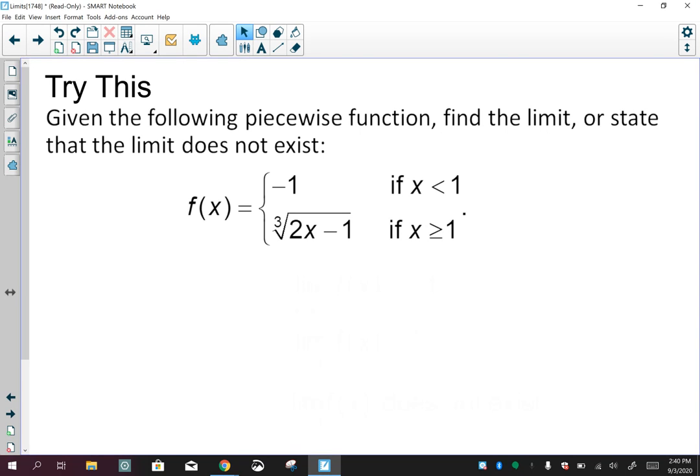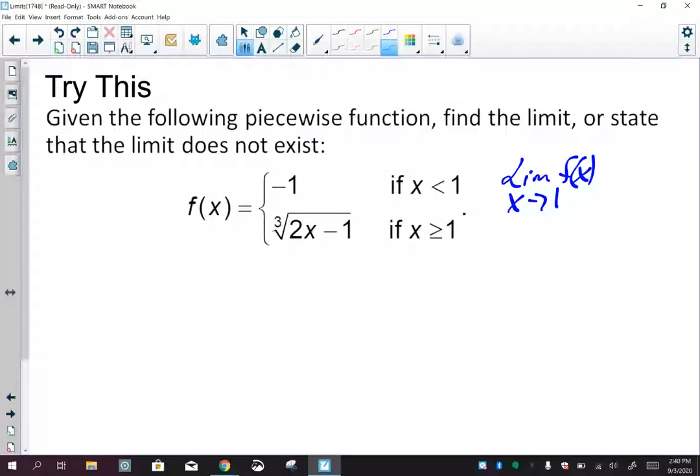All right, welcome back. This is the number I'm going to be looking at. I've got the limit of f of x as x approaches 1, and I want to know, does that exist?